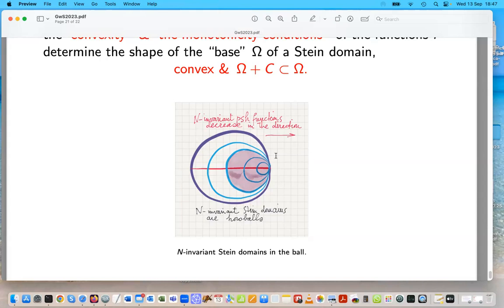And the fact that the functions are decreasing along the half lines in the cone tells us that the horoballs on the right-hand side of the orbit are the Stein invariant domains and not the other ones. Okay, that was the last slide I wanted to show.